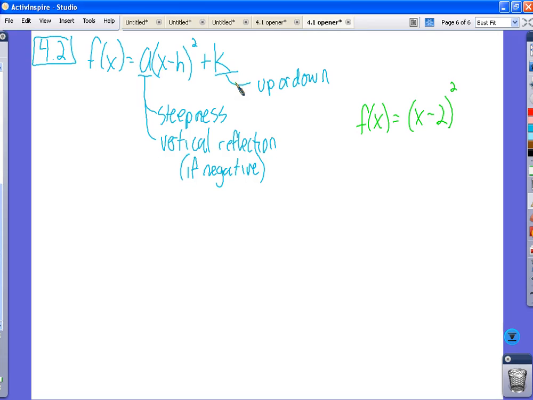This here would be 0 where we find the vertex. It's like right in the center when the thing that you square is 0. So what would you plug in for x to cause it to be 0? 2, right? The vertex moves over to +2, not over to -2. When I put -2 in here, I get -4. This moves it right 2.